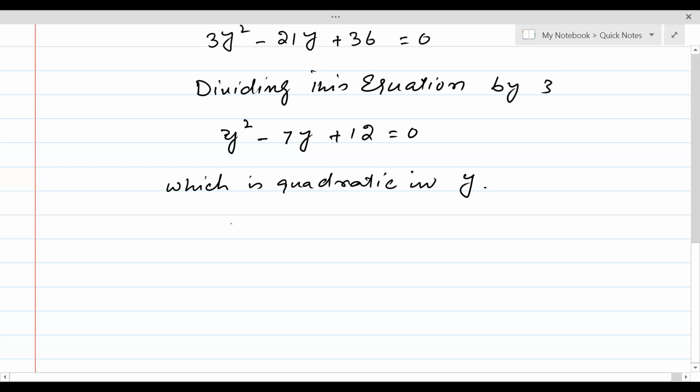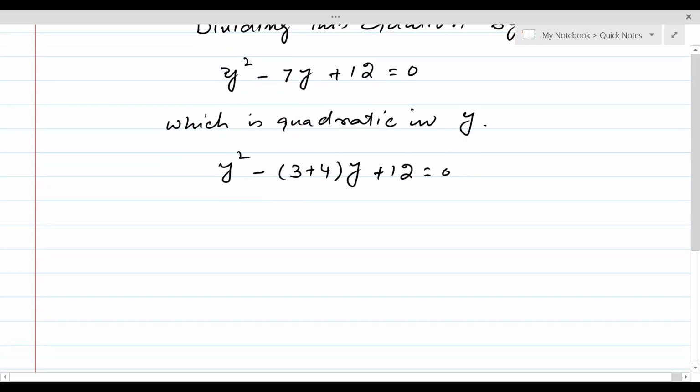And now by factorization we'll write this as y² − (3 + 4)y + 12. If you are just joining from this lesson, you should go back and learn the factorization method from the solution of quadratic equation and then come back.